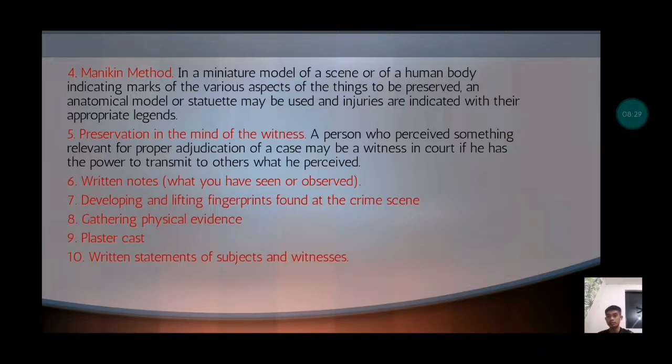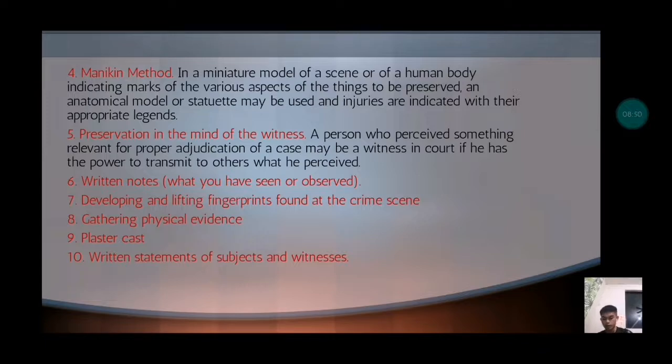So next is the mannequin method. In the mannequin method, a miniature model of a scene or a human body indicates marks of the various aspects of the thing to be preserved.